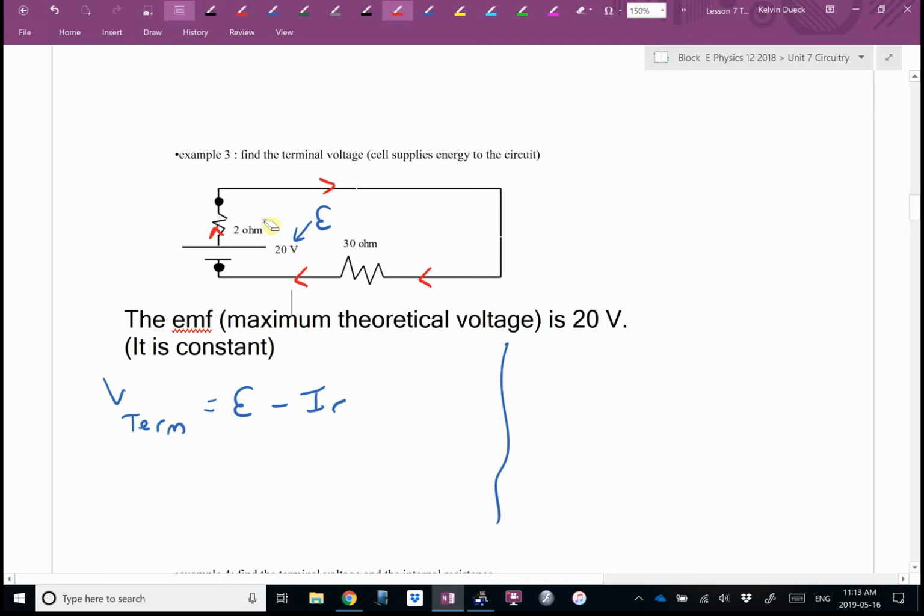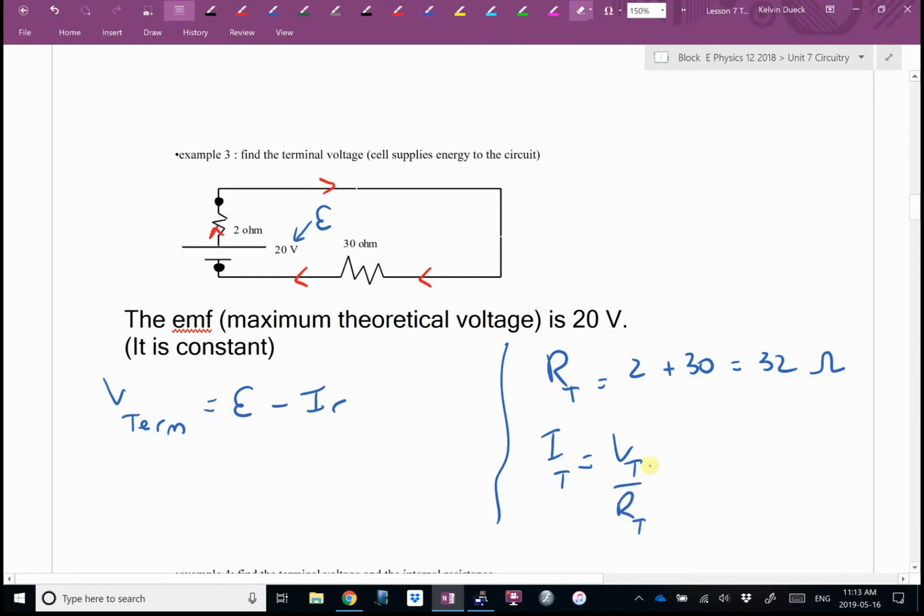Wait a minute, though. These two resistors are in series. What's our total? 2 plus 30, 32 ohms. I total is V total over R total.